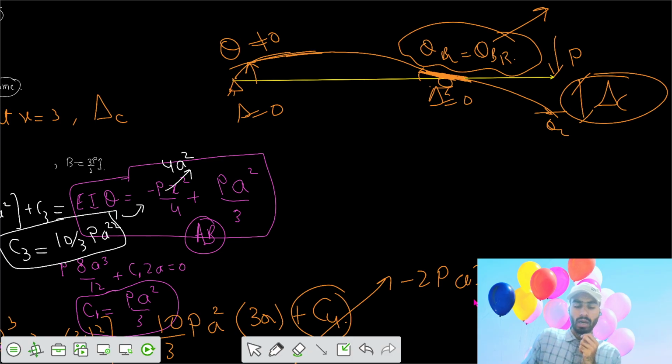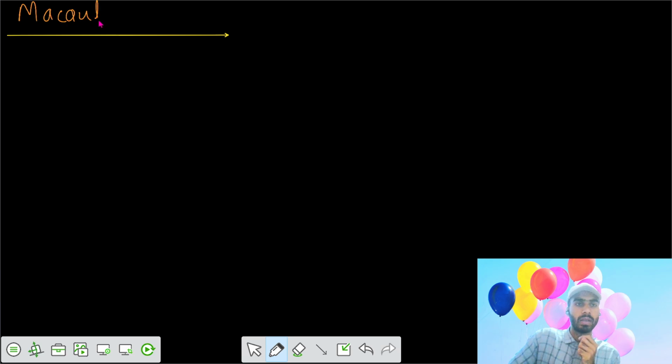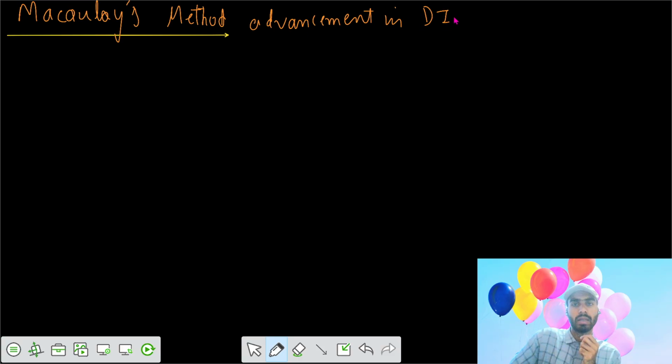Now a modification of this method came, and that method we call Macaulay's method. This is an advancement in your double integration method.